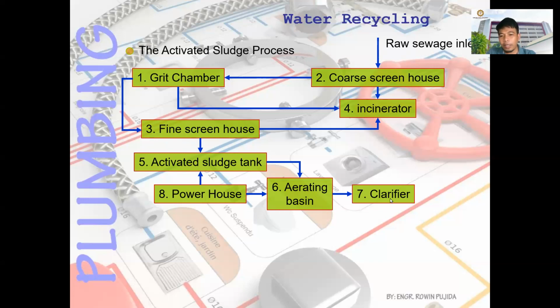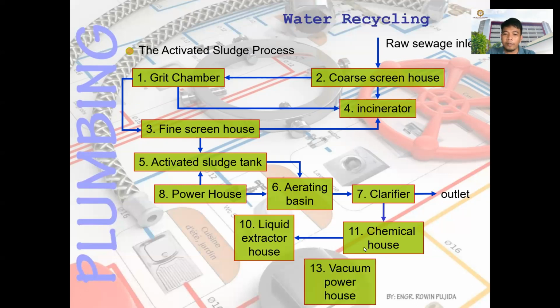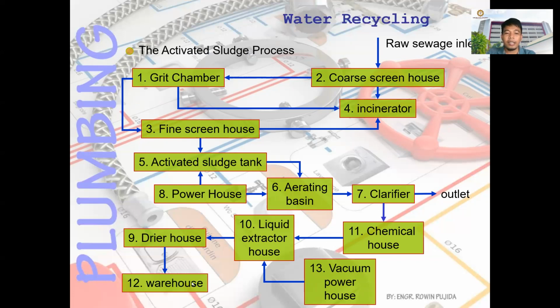From the aerating basin, you have the clarifier, and an outlet for some of the waste coming from the clarifier. Then it goes from the clarifier to the chemical house, supplied by the vacuum powerhouse, then the liquid extractor house, the dryer house, and then the warehouse.